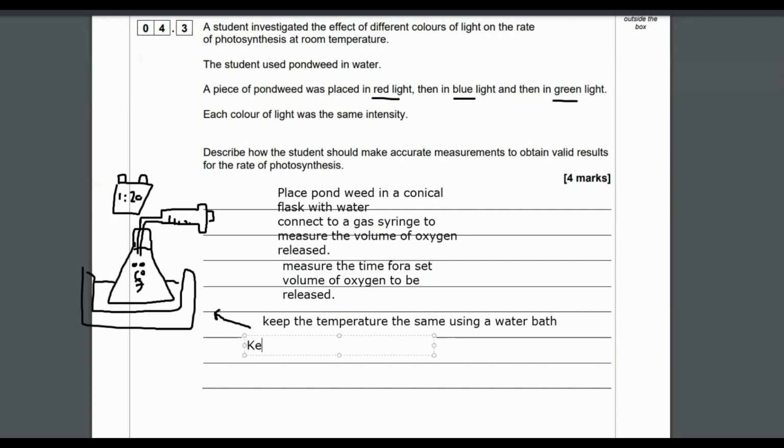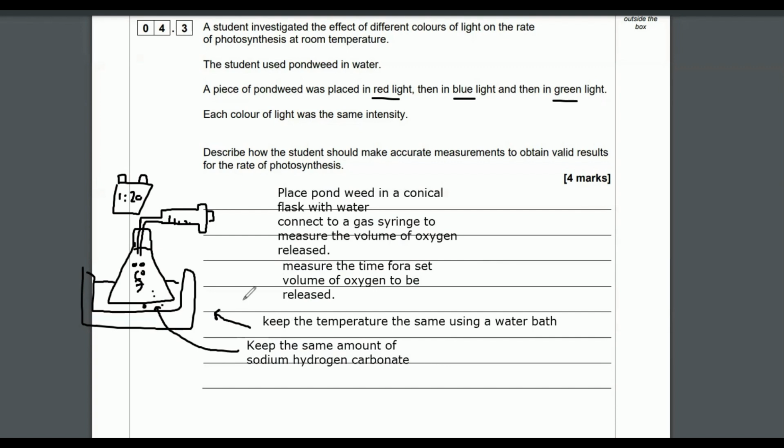We also want to keep the same amount of sodium hydrogen carbonate. Why do we put sodium hydrogen carbonate? It is basically baking powder, and we place this in the water to release carbon dioxide. You wouldn't put it in the water bath, you'd actually put it in here.